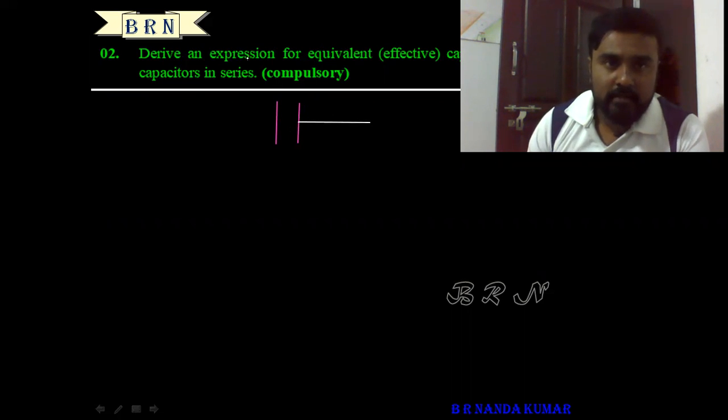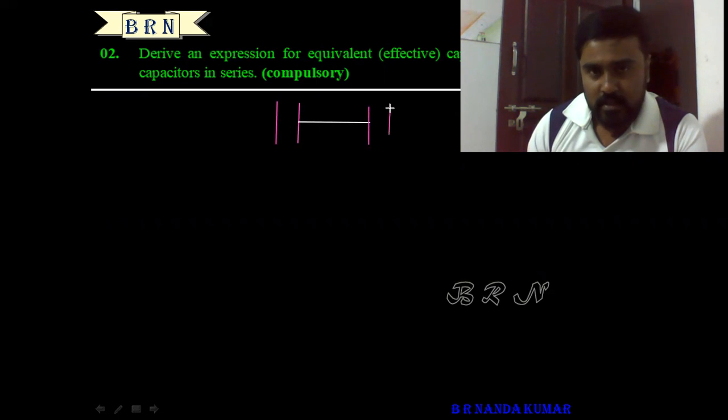So when capacitors are said to be in series, the positive plate of one capacitor is connected to the negative plate of another capacitor.